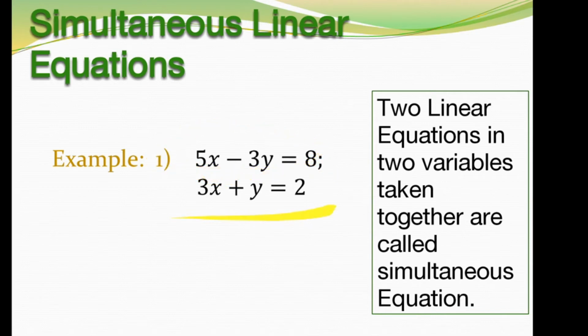And similarly equation number 2 contains variables x and y, and corresponding to these two variables again the degree is 1, so we can say both these equations are linear equations, and these equations contain the same variables. The first equation contains variables x and y, similarly the second equation also contains variables x and y, so this family of equations satisfies the condition of simultaneous linear equations, so we can say this family of equations is called simultaneous linear equations.